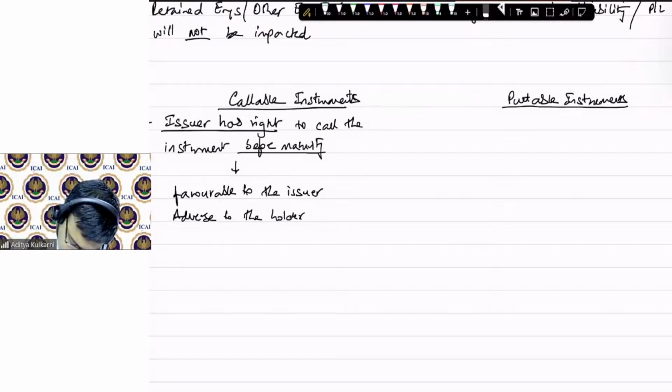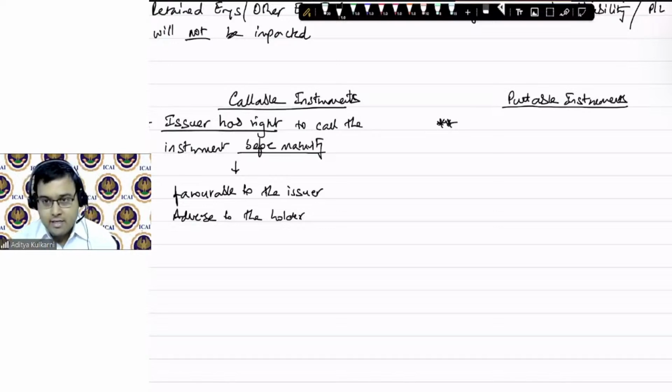Now, let us take the case of puttable instruments. We will play the opposite. In callable, the issuer has the right. So in puttable, who will have the right?